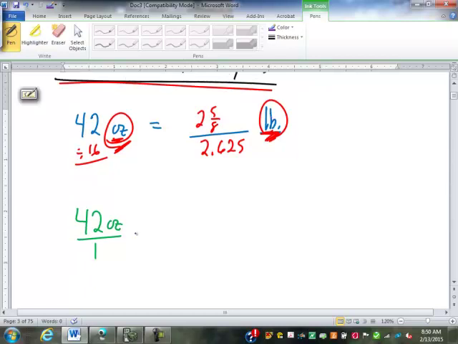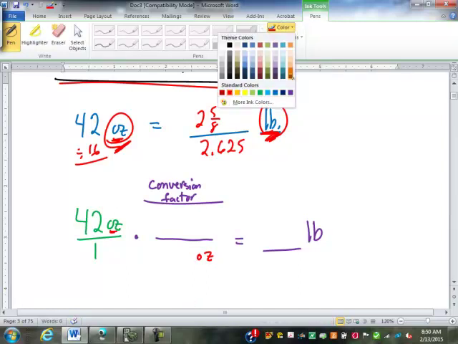We are going to multiply this fraction by a conversion factor. And the conversion factor is actually going to do the conversion for us. We want to end up over here with pounds. To do that, I have to get rid of the ounces. So I'm going to put ounces on the bottom of my conversion factor.